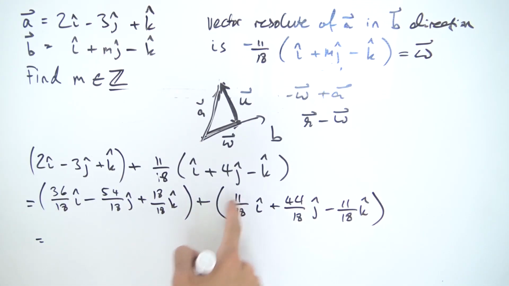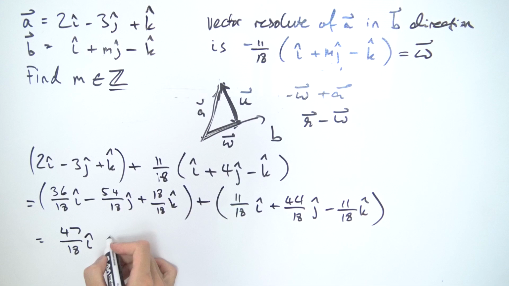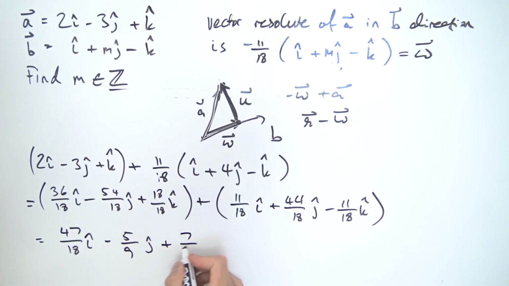So 36 plus 11, that's 47 over 18 I, minus 54 plus 44 should give you minus 10, but minus 10 over 18 is the same thing as minus 5 over 9 J. Yep, that should be right. And then 18 minus 11, that's exactly 7, so we have plus 7 over 18 K hat, and that's the answer.